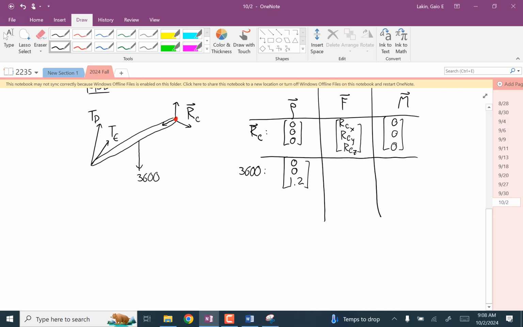And the force is 0, negative 3600, 0. And so the cross product is 1.2 times 3600. So that is 4320, 0, 0.